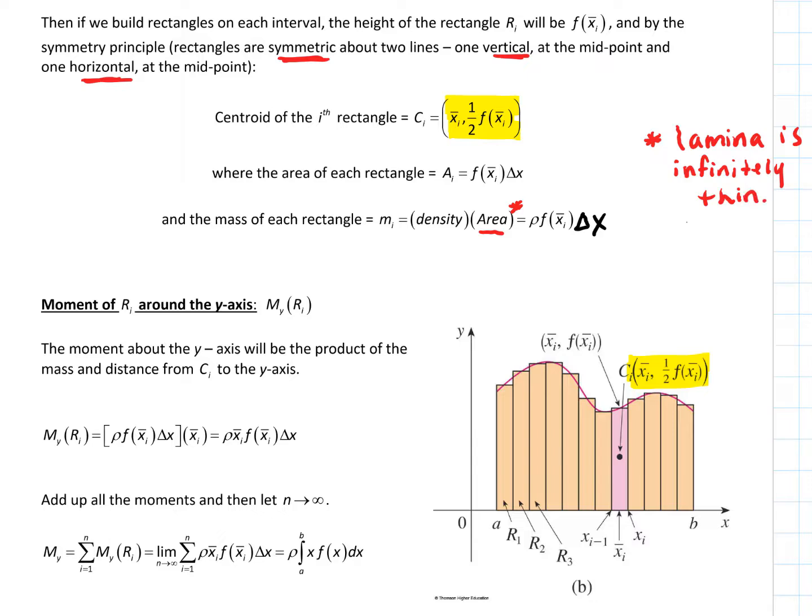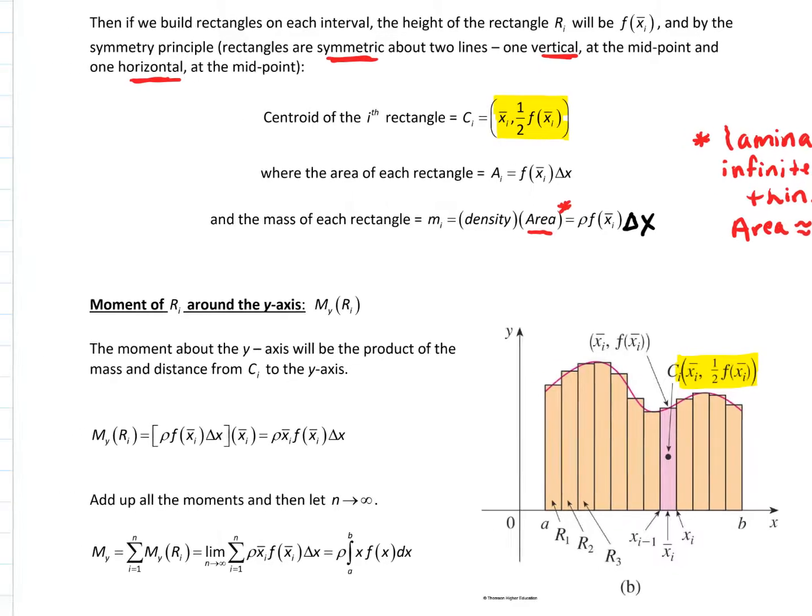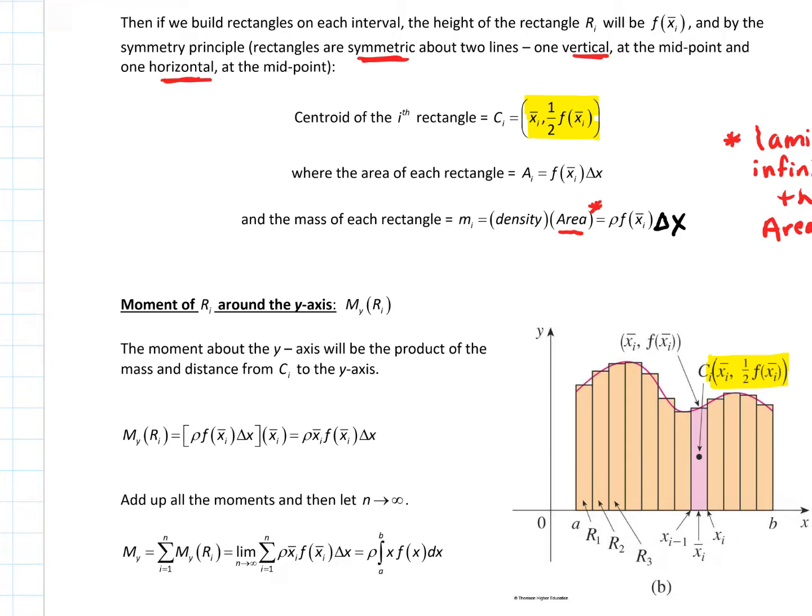It seems kind of weird, but we're literally saying area is approximately volume. We are making that assumption here for this particular formula, because we've got infinitely thin plates.